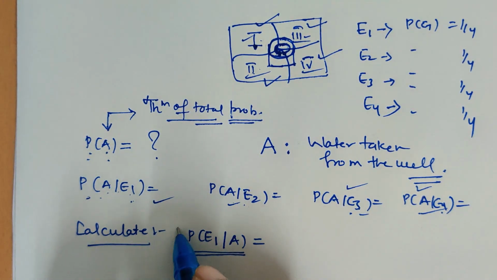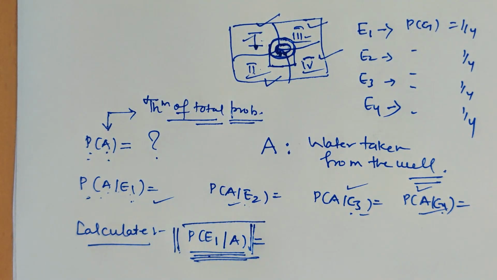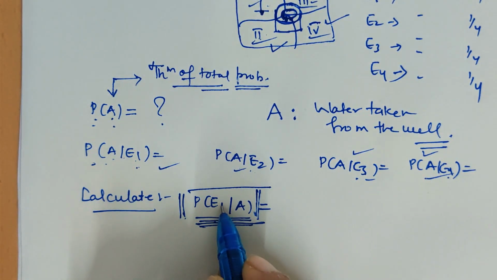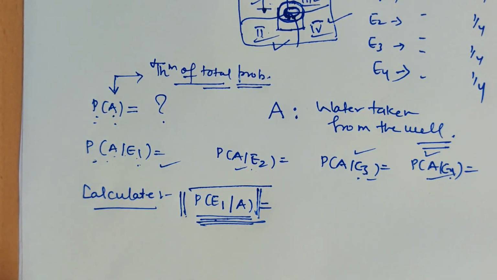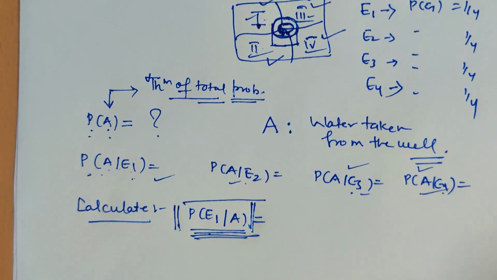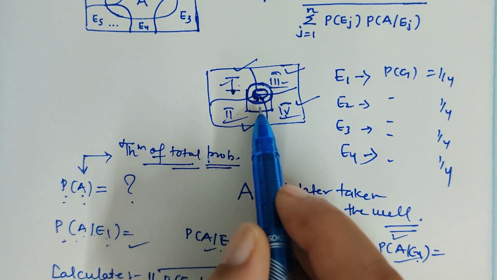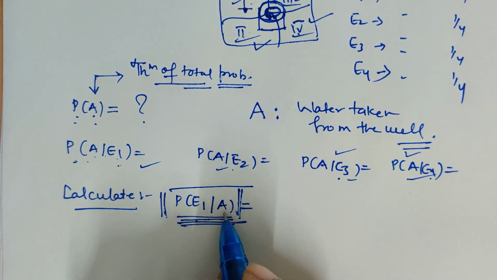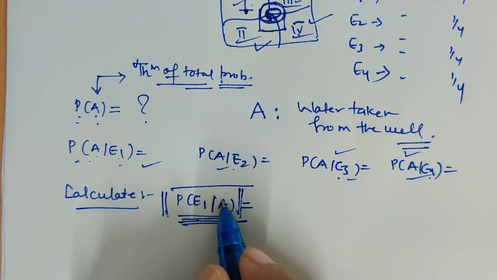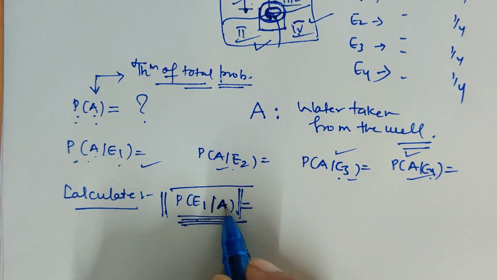The most important thing: when we are asked to find the probability of some event, it will be written in this fashion, probability of E_i given A, because we don't know which house they are talking about. If they ask what is the probability that the fourth house has taken the water from the well, then we will write probability of E4 given A. Given A means this information is already with us, that some water has been taken from the well.